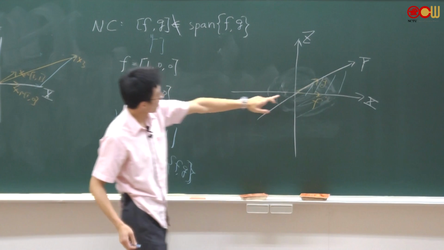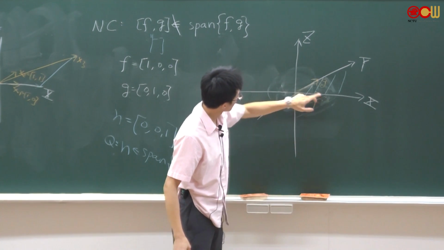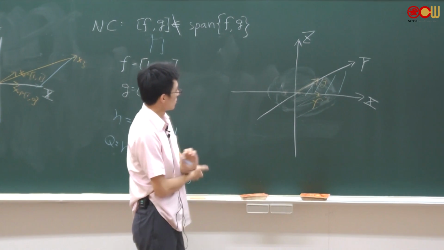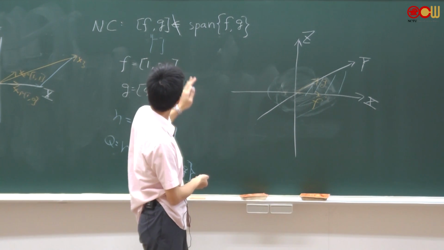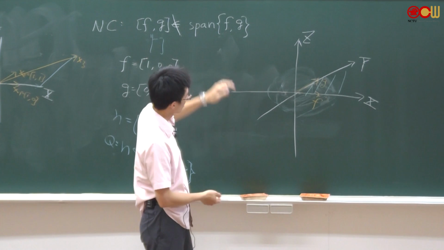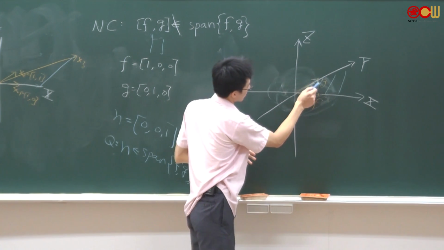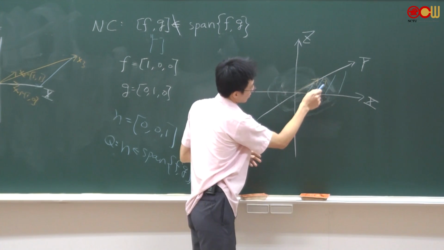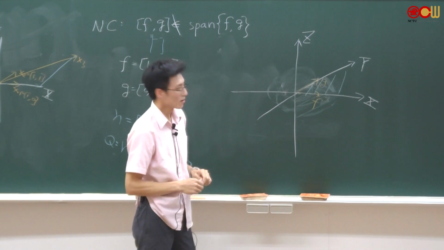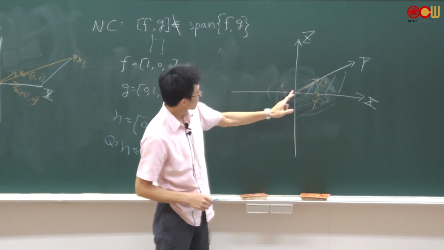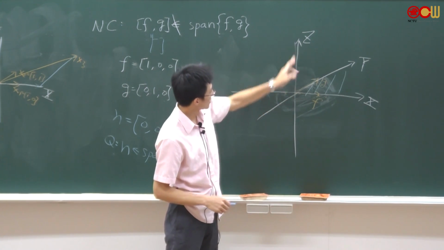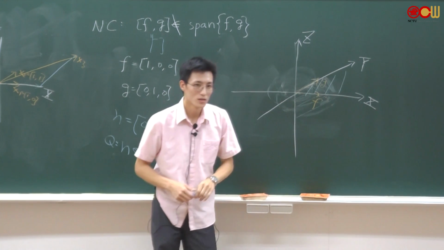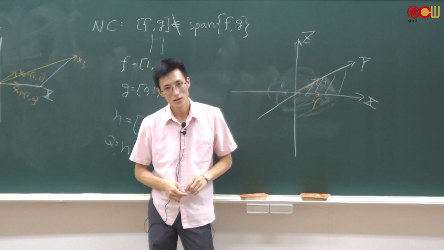Because if the F is here, G is here, and the lie bracket is still in this 2D plane, then any state with Z components is not controllable, right?